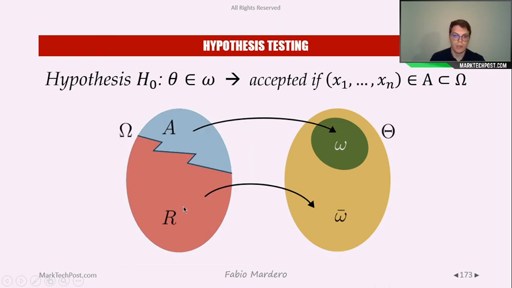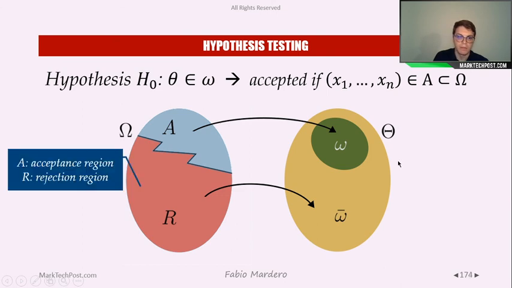Instead, if the sample lies inside the R region, the rejection region, then in fact the true value of the parameters will lie on the complementary of omega in the parametric space.